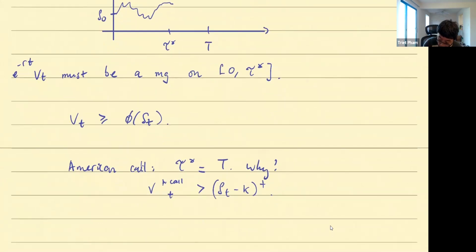And of course, at time big T, V of the American call is equal to ST minus K plus. So can you guess what tau star is in general?